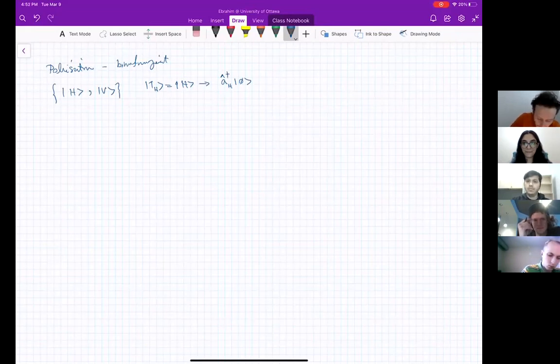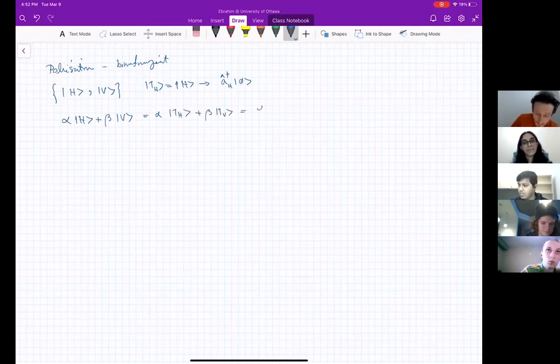I can have a superposition of these two, which means that I have one photon in H in coherent superposition with one photon in V. Or I can write it as alpha a dagger H plus beta a dagger V, acting on vacuum.